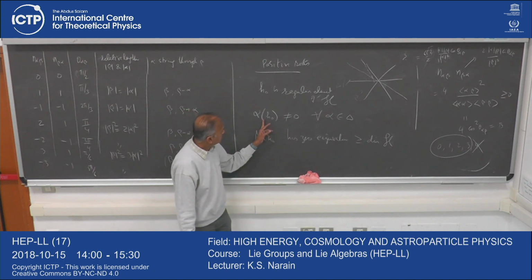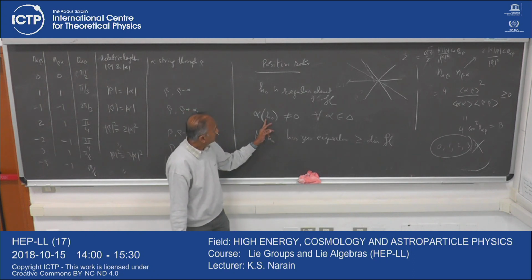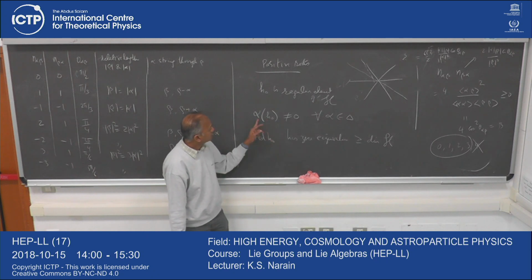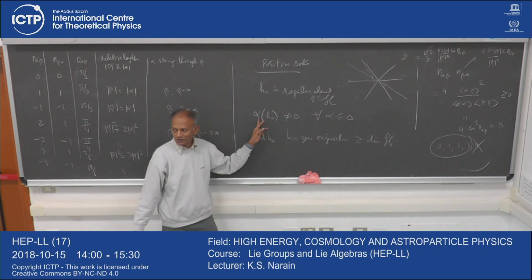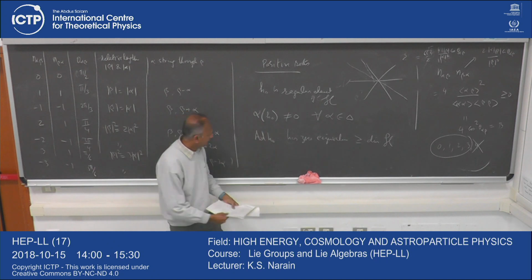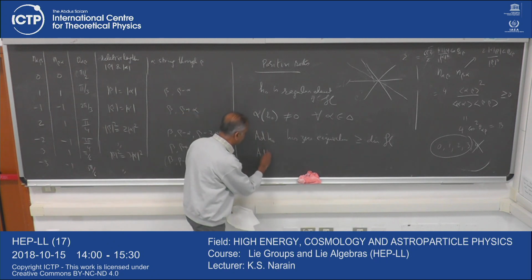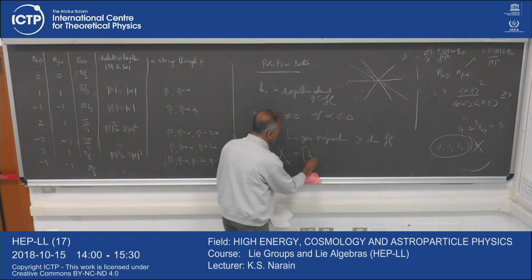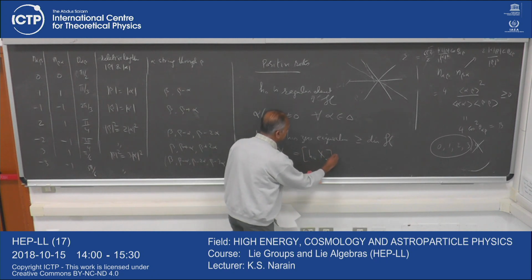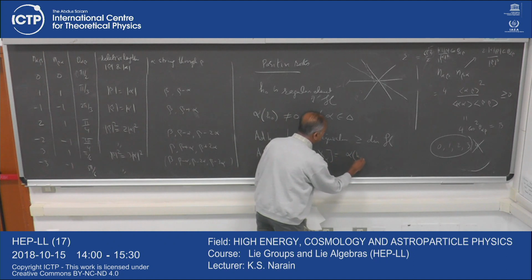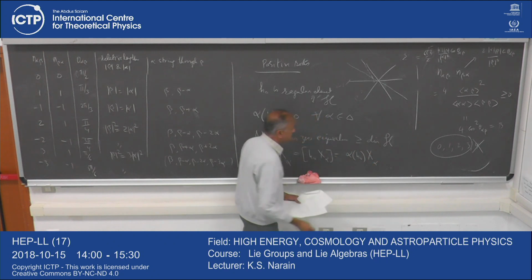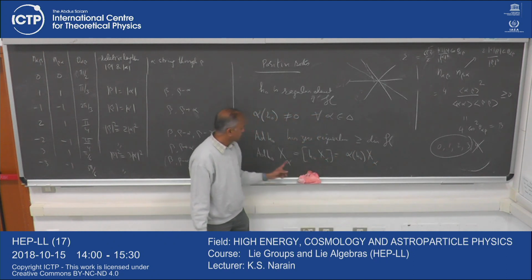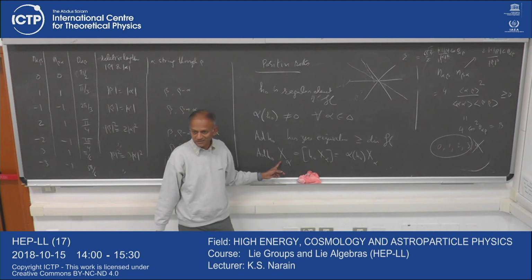But this condition is saying that this H0 does not give you 0 eigenvalue with any of the non-zero roots, right? Because ad H0 acting on, say, X alpha is the same as H0 commuted with X alpha, and that's alpha of H0 times X alpha. So if this is not 0, then none of the non-zero roots correspond to 0 eigenstates of H0, right?